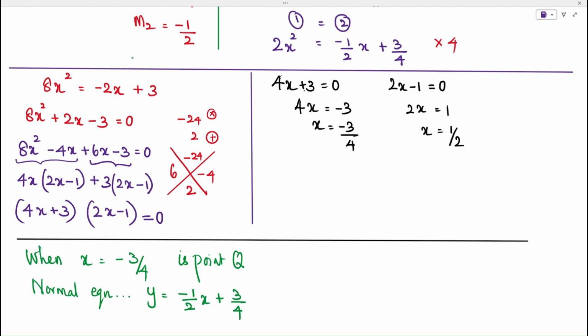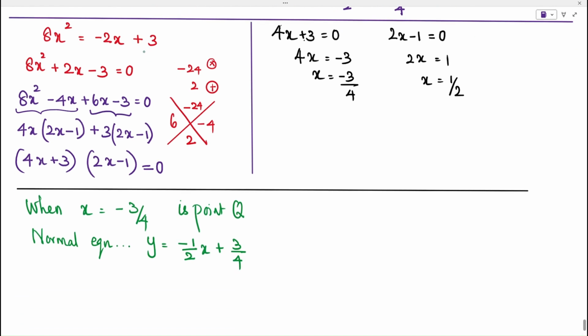And we're going to substitute minus 3 over 4 into x. So we have y is equal to minus 1 over 2 multiplied by minus 3 over 4 plus 3 over 4.